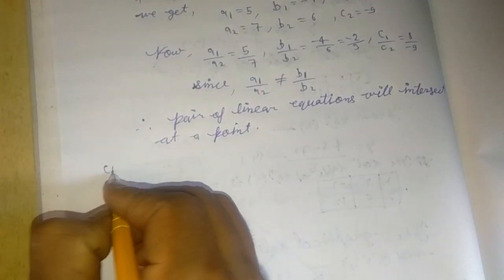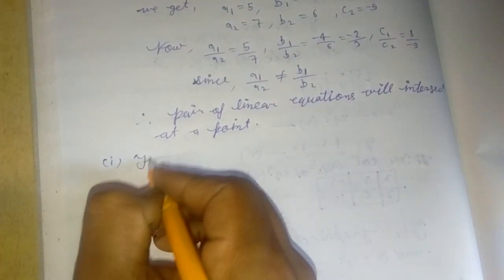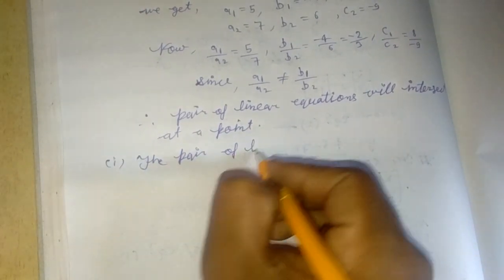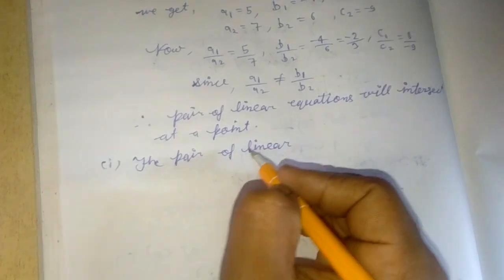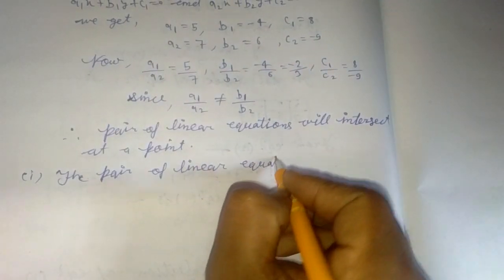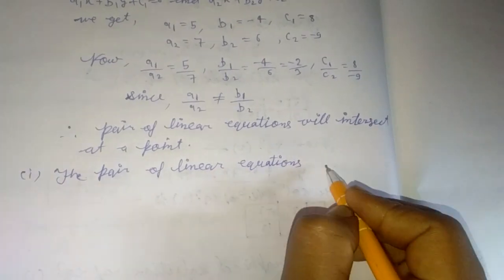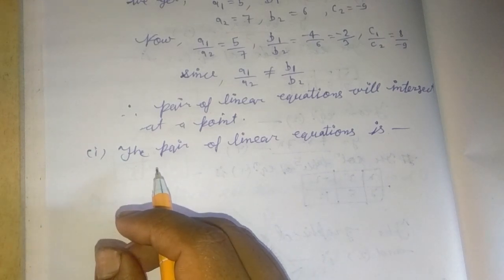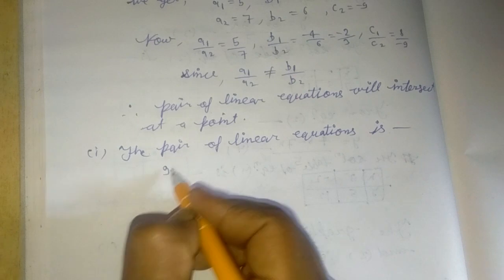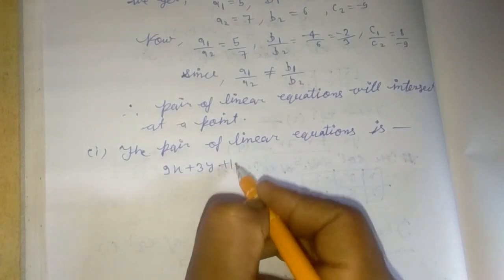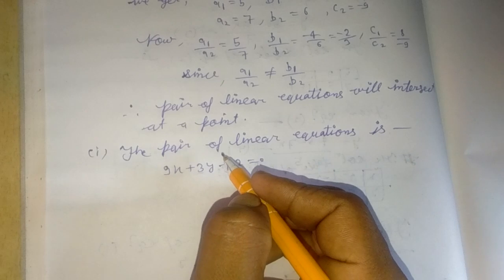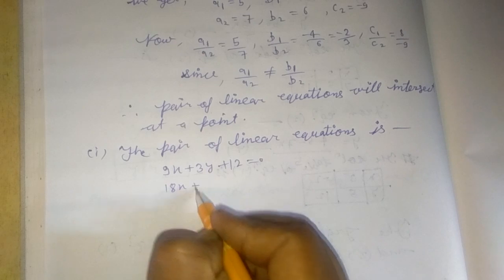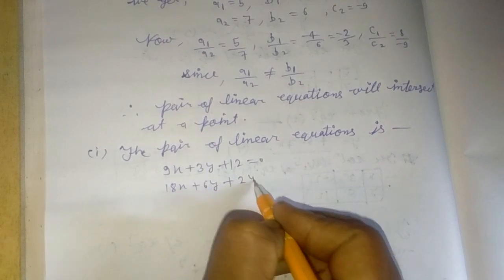Now second question is the pair of linear equations is 9x plus 3y plus 12 equal 0, 18x plus 6y plus 24 equal 0.